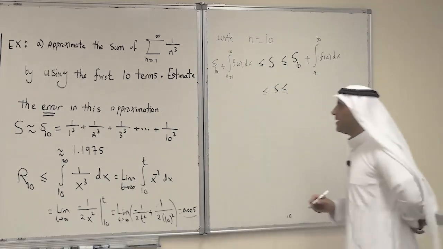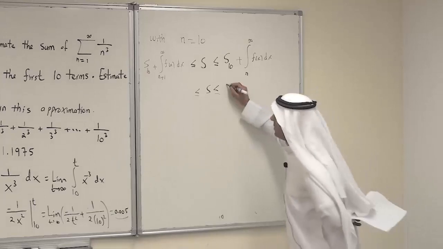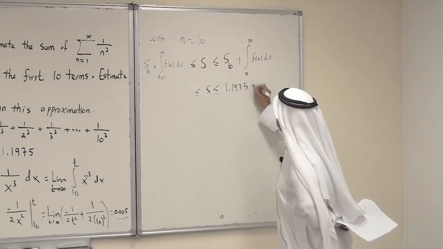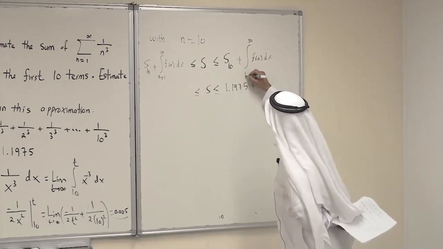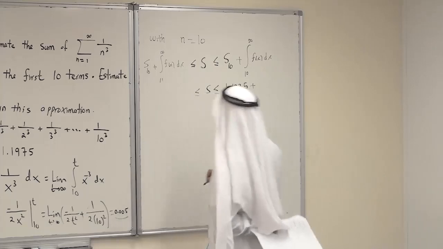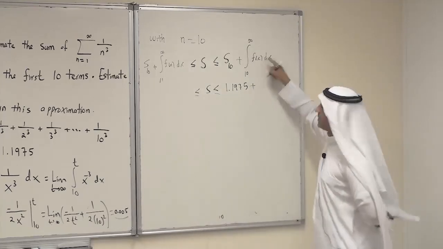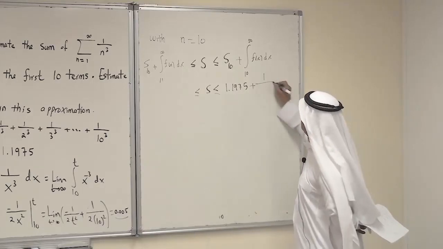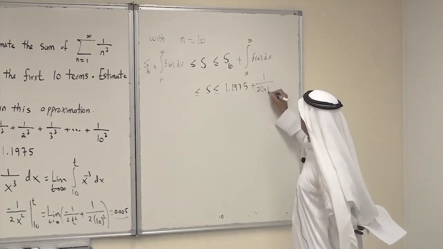Now, calculating this, we have S10, which is 1.1975. And this is not n anymore, this is 10, and n plus 1 is 11. We know the result of the integral: it is 1 over 2 times 10 squared.